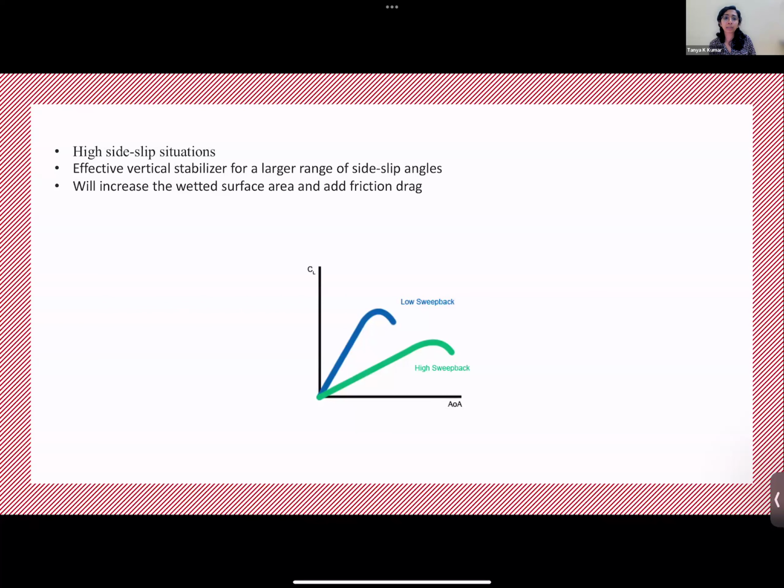So what happens is that the vertical tail with the dorsal fin gives you a wide range of side slip angles to operate on, right? Because the dorsal fin introduces a change in the slope of the vertical tail, it ensures that you're able to operate for a wider range of side slip angles, because it increases the wetted surface area and you have more control for a larger range of side slip angles.